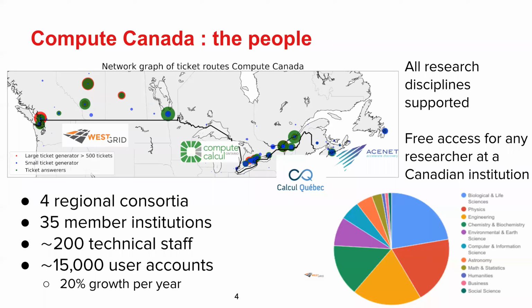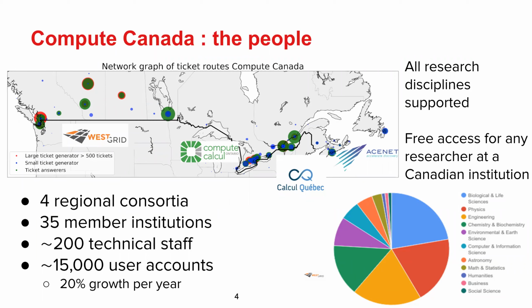So ComputeCanada, I'm assuming most people here are from the States. It's a little bit like XSEDE in the States, but for Canada. We support users from all academic institutions, all research disciplines. It's free access for any researchers at a Canadian institution.